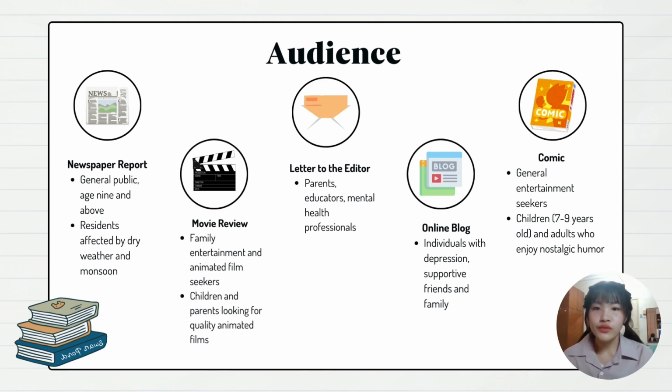Furthermore, the movie review attracts someone who is interested in animated movies, especially children and parents looking for excellent content for family entertainment. In addition, the letter to the editor targets parents, educators, and mental health professionals for paying attention to mindfulness for the sake of students' well-being.